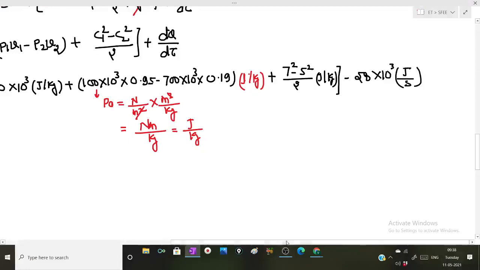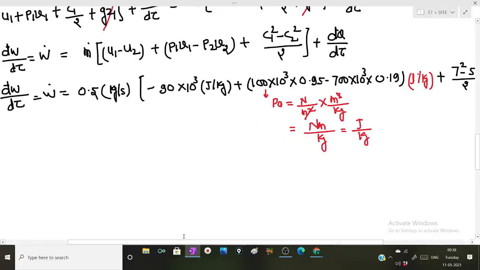Now please pay attention here. The unit of mass flow rate of air is kg per second, and the unit of all the terms inside the bracket is joule per kg.